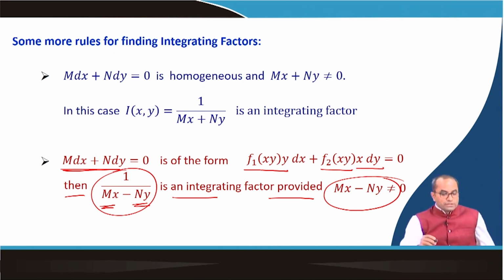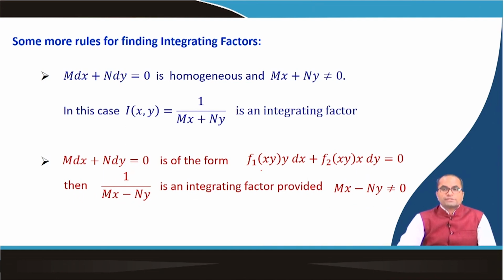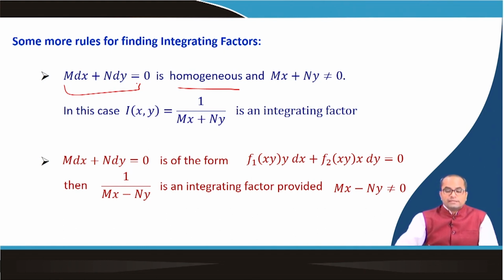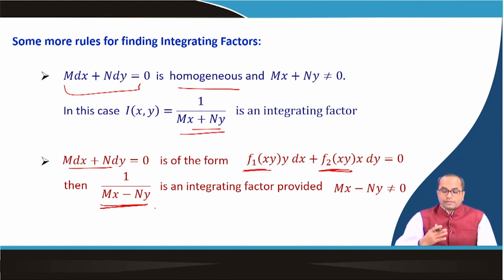There are many other rules which we are not reviewing here, but at least these two can be used. In the first case we just check the homogeneity of M dx plus N dy, and then 1 over Mx plus Ny will be an integrating factor, and in the other case we have to see this particular structure, and then 1 over Mx minus Ny will become an integrating factor of the given differential equation.